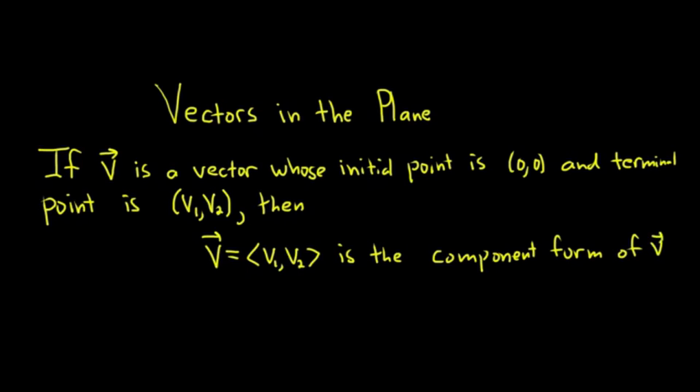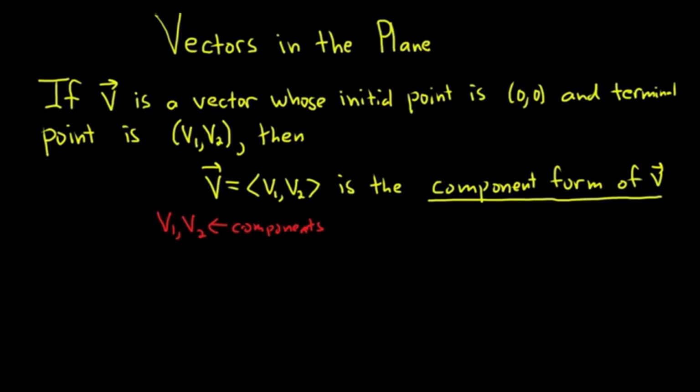So if you have a vector that's written in this way, we say it's written in component form. And these, v1 and v2, are called the components. You can think of the first one as x and the second one as y. We're just being a little bit more general here when we call them v1 and v2.